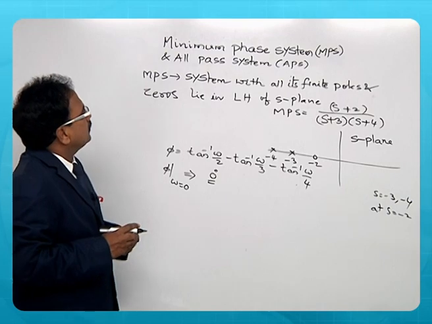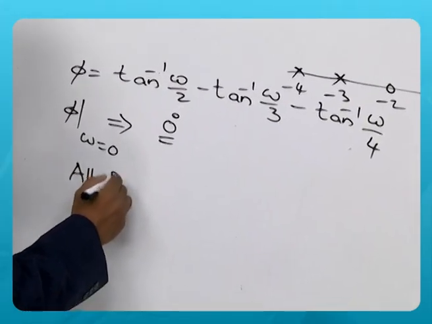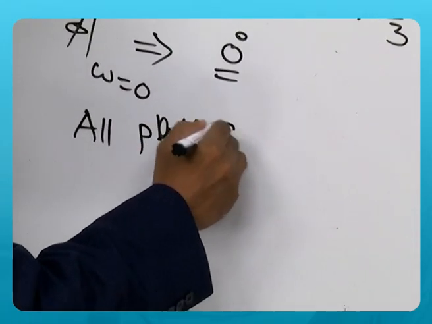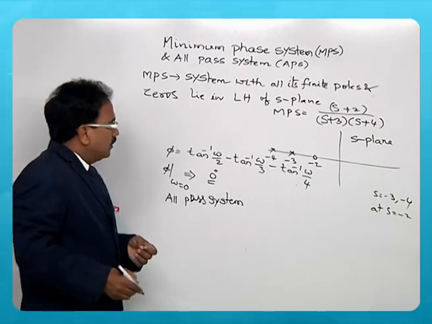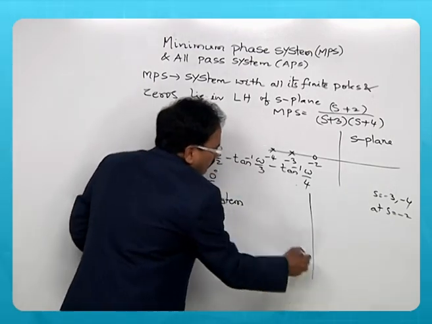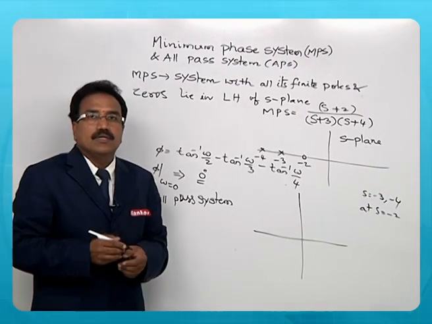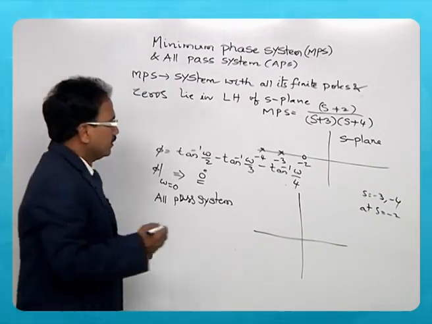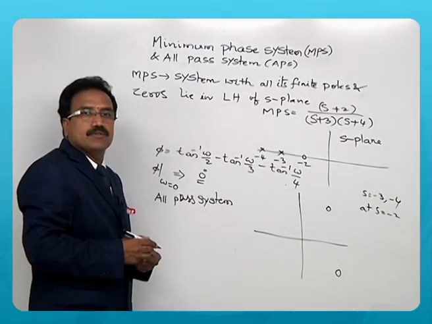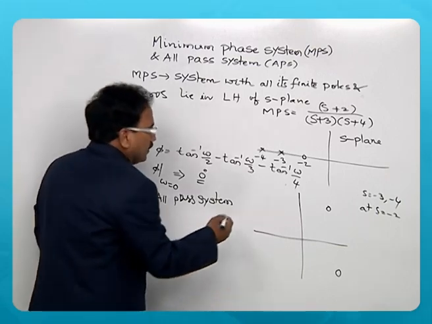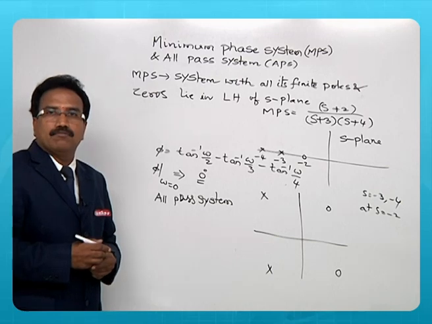The next definition is the all-pass system. It will have its zeros lying in the right half of the S-plane. For example, if there are two complex zeros, then symmetrically there are two complex poles in the left half.